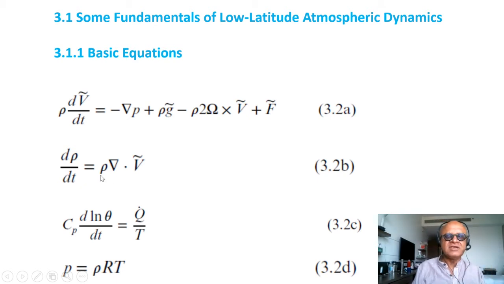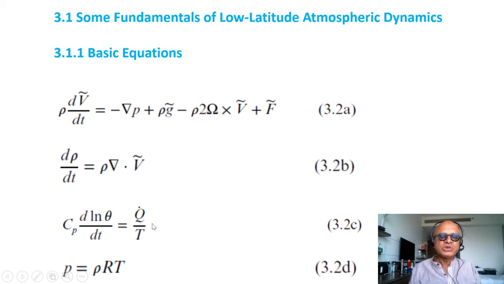This allows us, we will see soon, to make assumptions about a nearly incompressible atmosphere, in which case we will ignore d rho dt and assume that the divergence term is equal to 0. Valid in many cases.